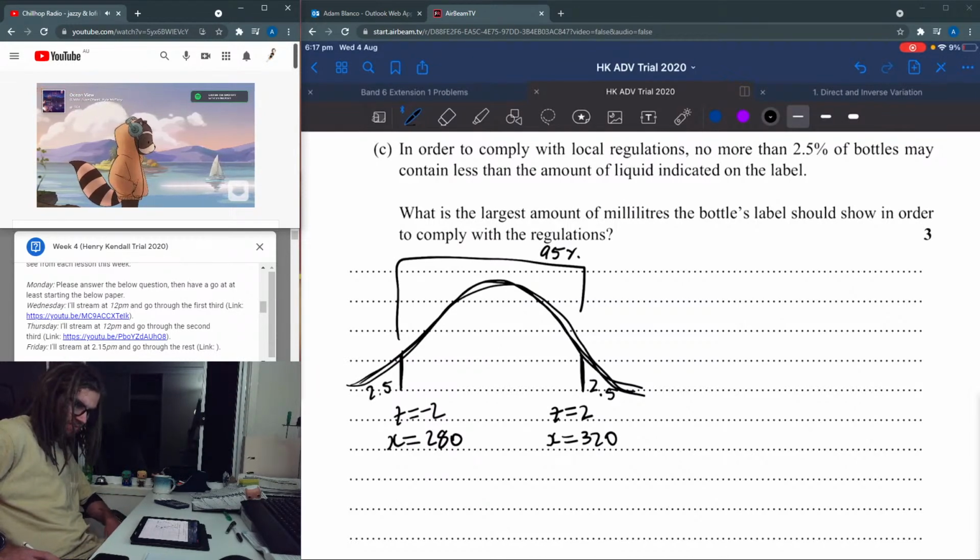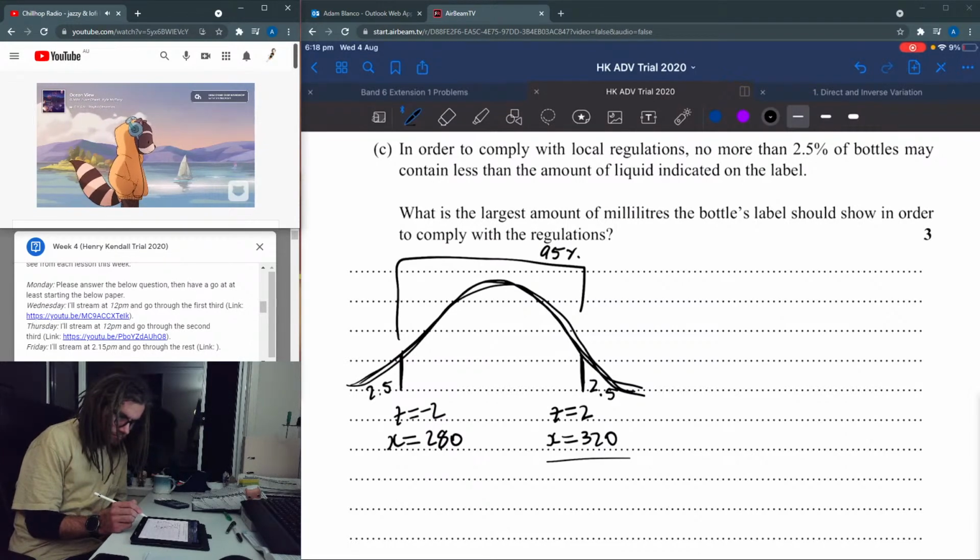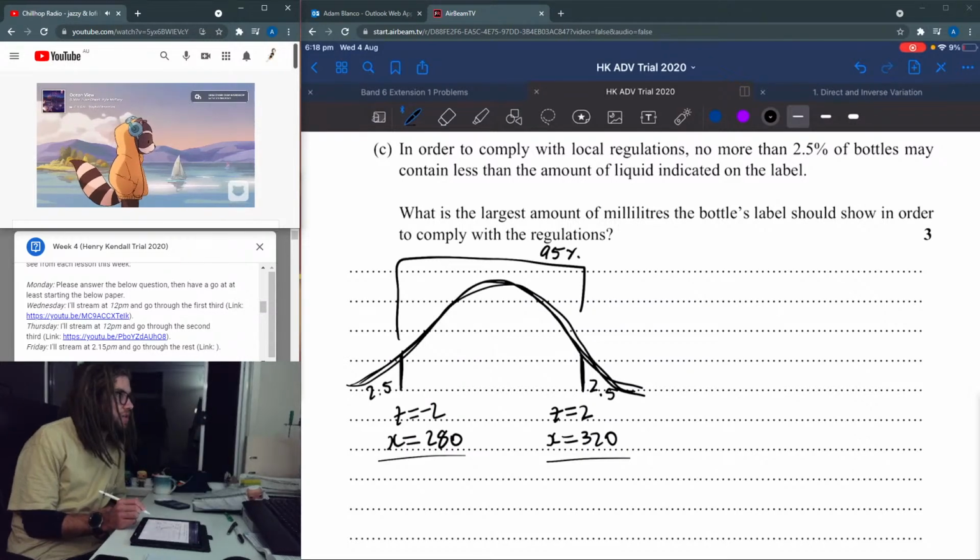What's the largest amount of milliliters the bottle's label should show in order to comply? The largest amount of milliliters. Is that saying this? Or is it saying this? Wow, this has confused the hell out of me now.